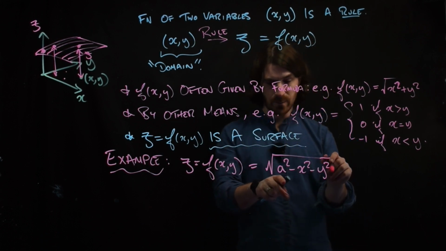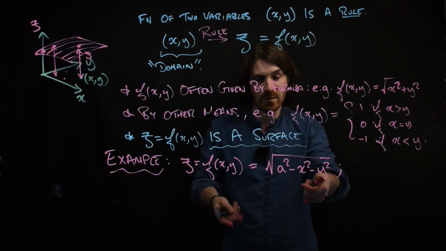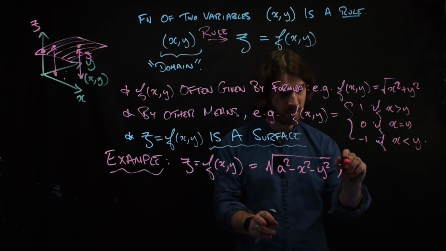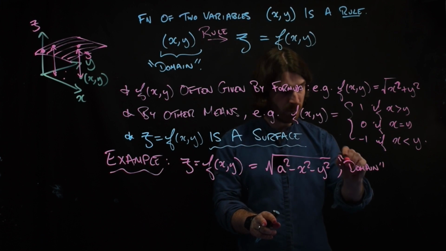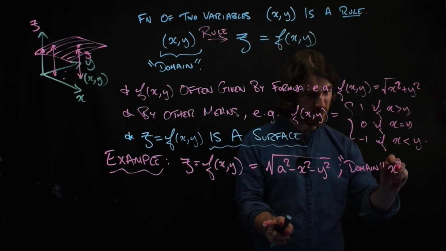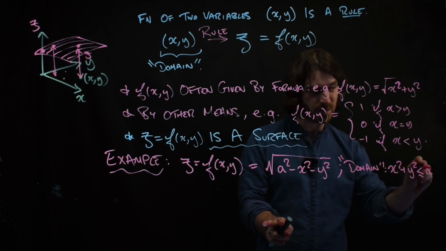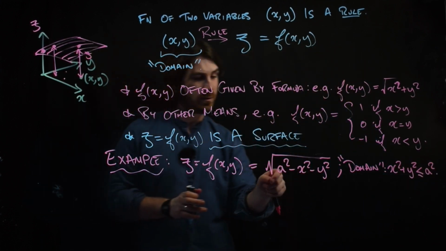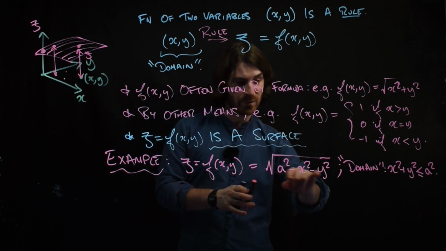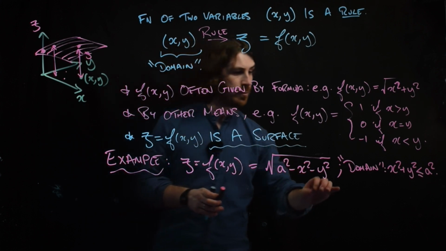We need to define the domain of this function, so the values of x and y over which this is defined. Here we're going to use x squared plus y squared is less than or equal to a squared, so all the values of x and y that keep the expression under the square root non-negative, so the square root will be real.